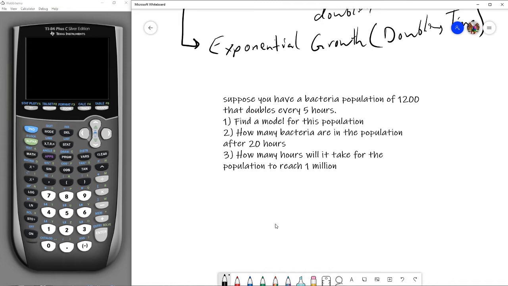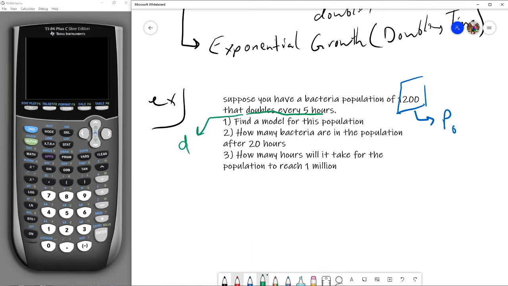To answer question 1, note that this right here is our initial population, so that's P naught. We'll go ahead and box that. And then we are told that the doubling time is this right here, every 5 hours. So this is our D value.